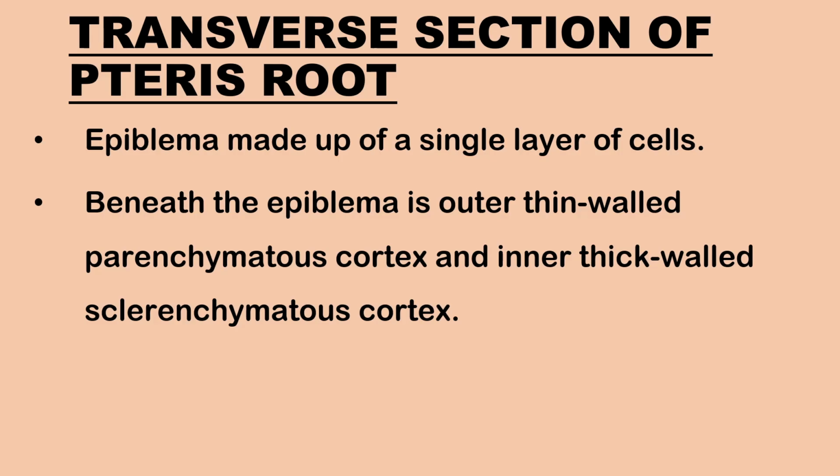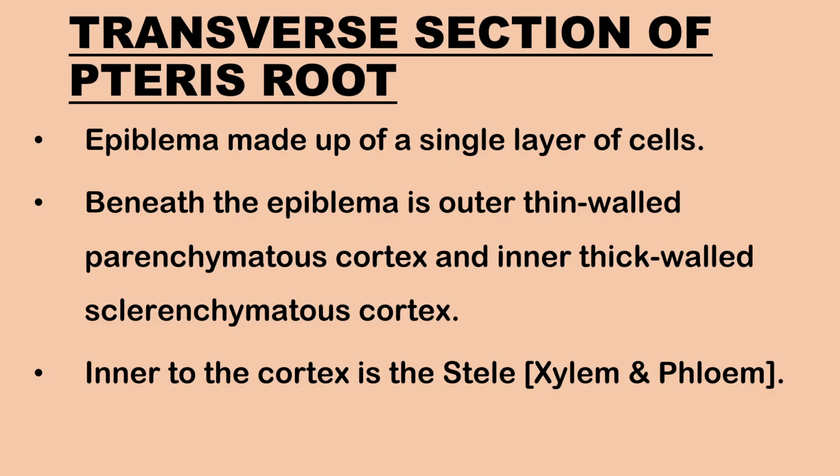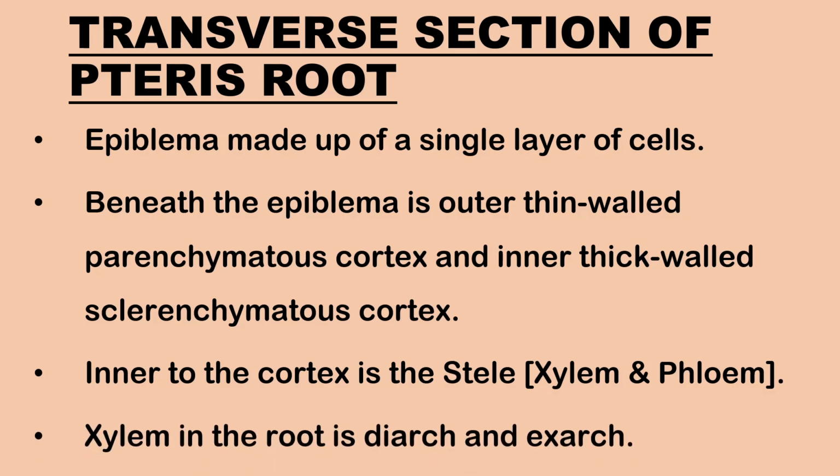The outer cortex is made up of thin-walled parenchymatous cells, while the inner cortex is made up of thick-walled sclerenchymatous cells. Inner to the cortex is the stele, which has a central core of xylem surrounded by phloem. In Pteris, the xylem in the root is organized in a diarch and exarch manner.